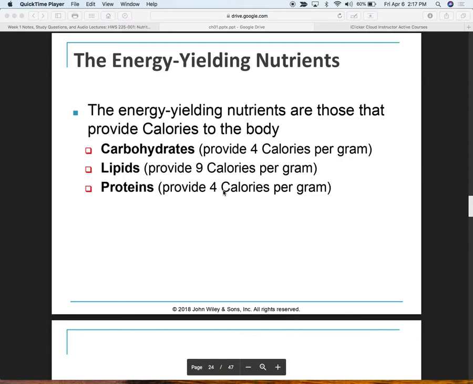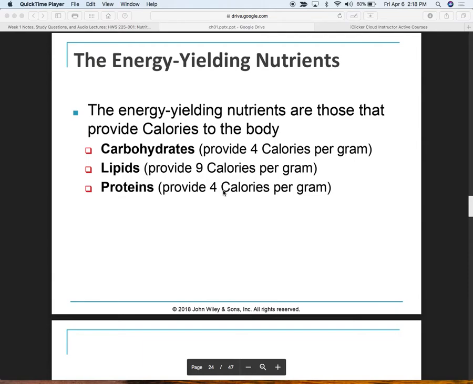Now, where it gets a little bit, not confusing, but there are subtleties, is that not all carbohydrates contain energy that's accessible by humans.